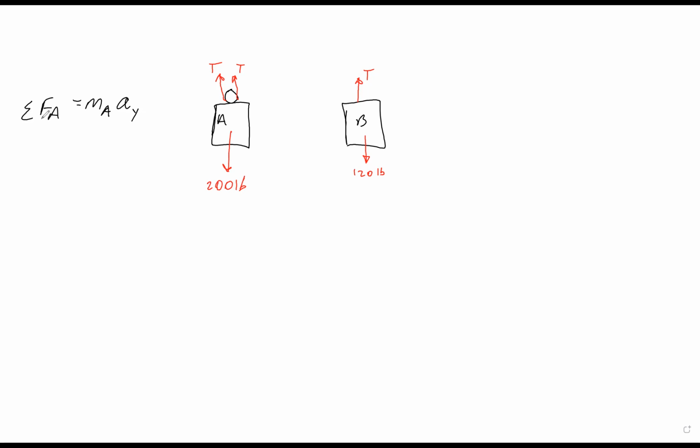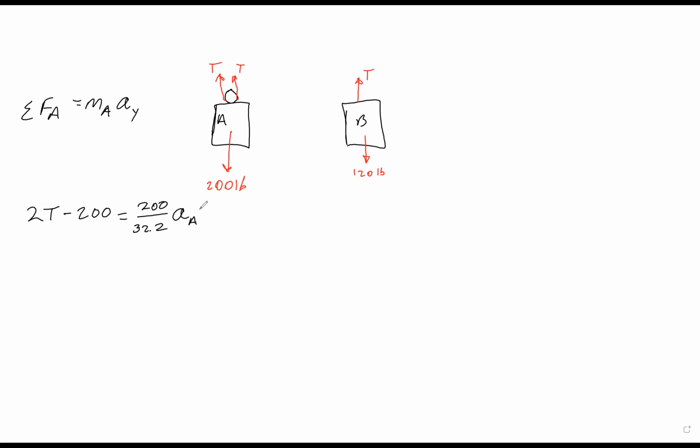Well, we're going to have the tension twice, so 2T, and then minus 200 pounds. And that's going to be equal to a mass of 200 pounds divided by the acceleration due to gravity. So we're taking the weight and dividing out the acceleration due to gravity to get the mass, right? And then times the acceleration of block A.